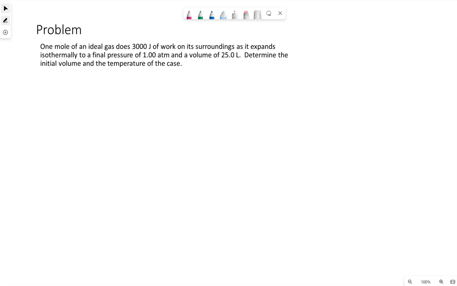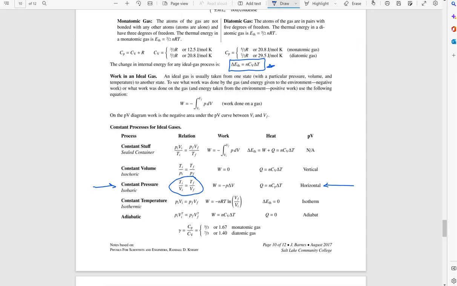So again, we need to identify what type of process we're dealing with. This is isothermal. With isothermal, we have P initial, V initial equals P final, V final. So I'm just thinking in terms of constant temperature. We have an equation for work and delta E thermal.